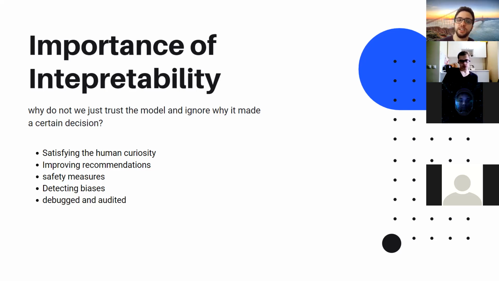So detecting these biases is very important, because if you have such biases in your model and your model is working outside, you might face some very serious legal issues. So it's always important to perform a very clear investigation of why your model makes its decisions and understand why it makes them. Another one would be to debug and audit models so they go to the next stage of deployment and stuff like that.